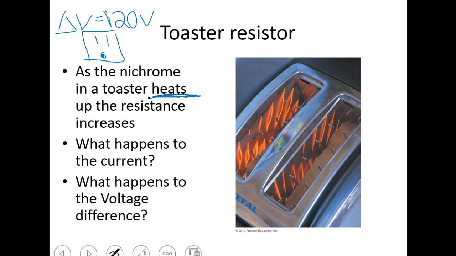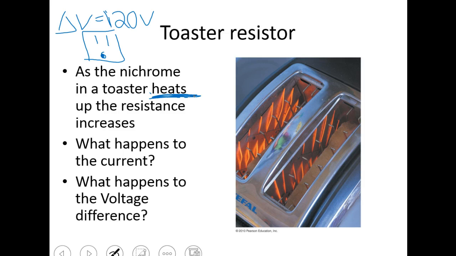And toasters are really interesting because as they heat up, well, the resistance increases and increases and increases until ultimately it flips a breaker and it stops it and your toast pops up, right? And so you can actually kind of set the resistance with a timer on that. They heat up, they heat up, they heat up, and then they flip a little breaker within the toaster. It turns off and it pops your toast up.